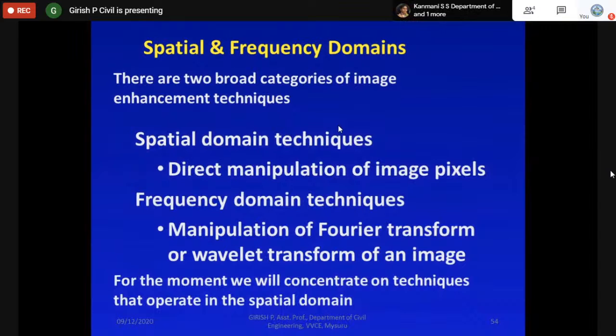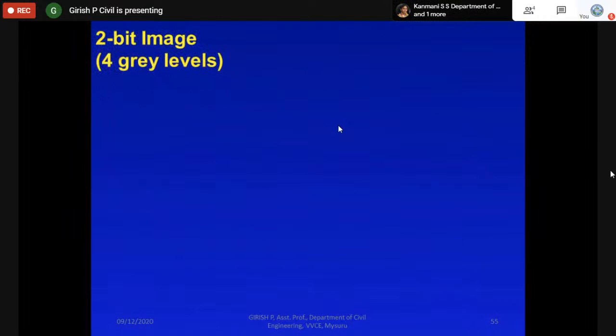In the spatial domain, it particularly includes the direct manipulation of the image. Whereas in the other domain, the frequency domain, the technique involves manipulation of the Fourier transform. Behind it, various geometrical corrections and classification are involved.